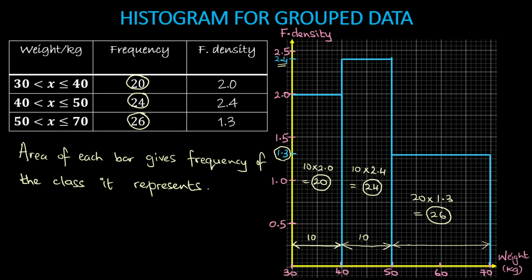Always keep this in mind, right? And another thing that you must observe, for a histogram, all intervals should be continuous, right? You can see it in the drawing itself. The first interval was from 30 to 40, and the second interval was from 40 to 50.